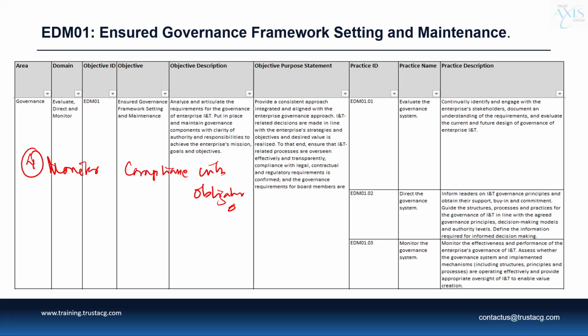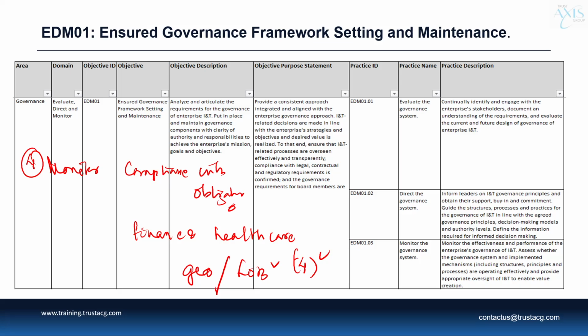Now, this is important for sectors that are heavily regulated, like, say, for an example, your finance, healthcare. Again, it will be dependent on the geography where you are operating and the line of business that you are operating with, right? If you are taking credit card transactions, for example, you must demonstrate compliance against PCI DSS requirement. Again, if you are having a mechanism to monitor compliance against the obligations within the governance layer itself, then you can target a maturity level of 4.